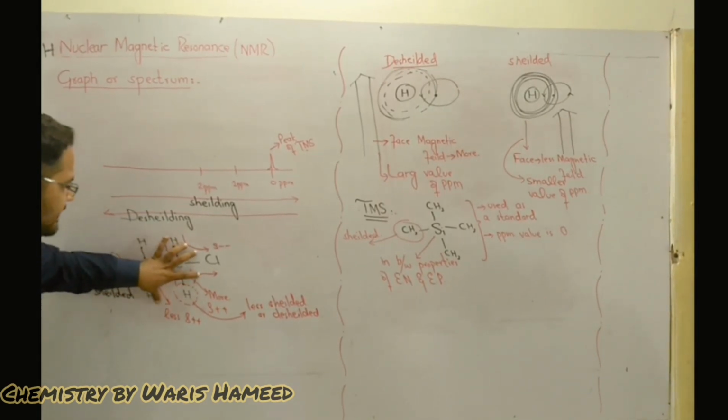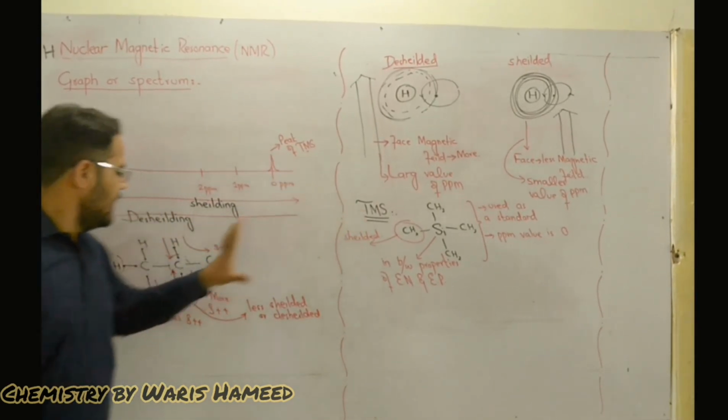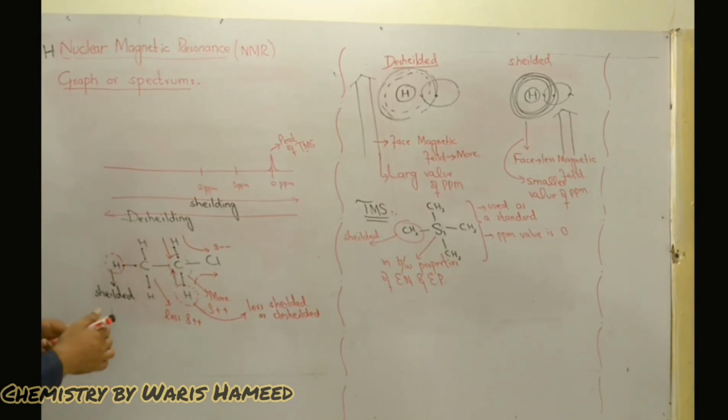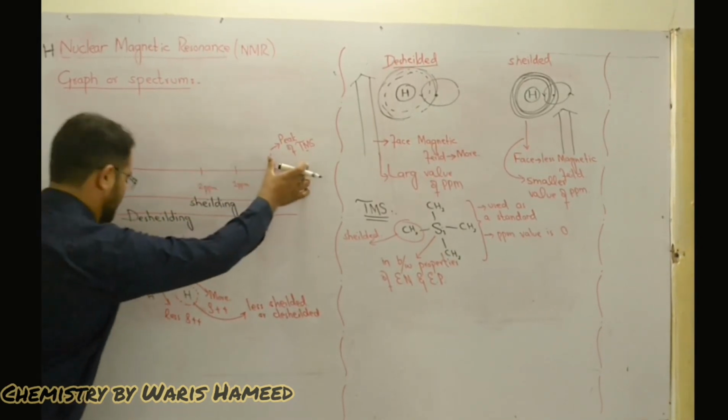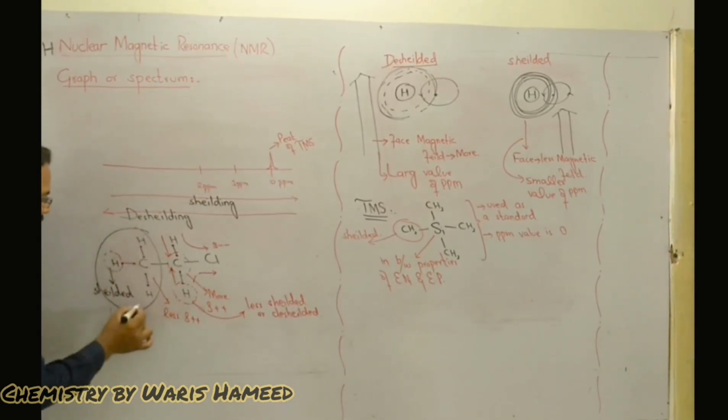Now from this data we can say the first peak will be on TMS and the second signal will be on any value after the TMS.